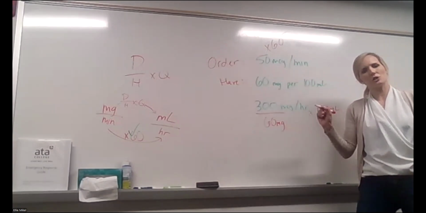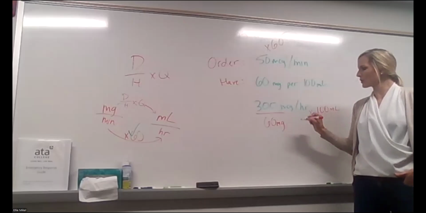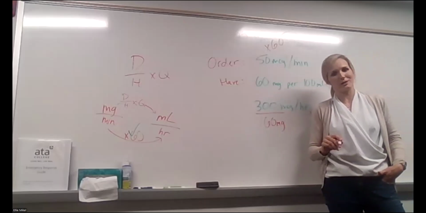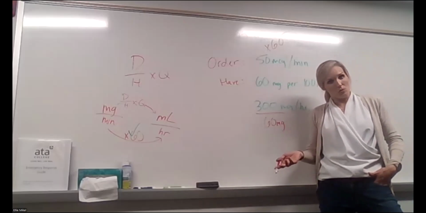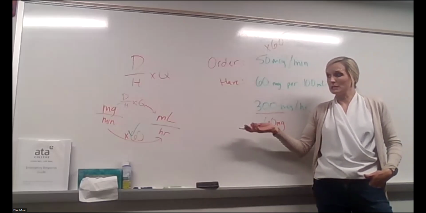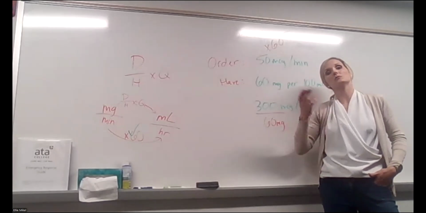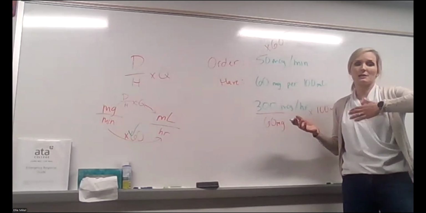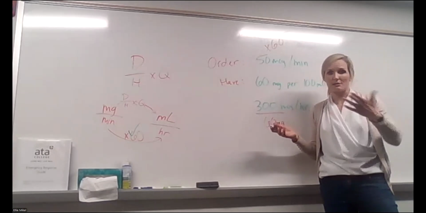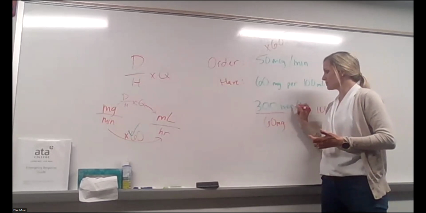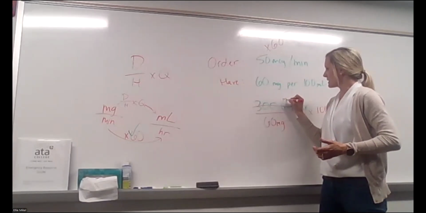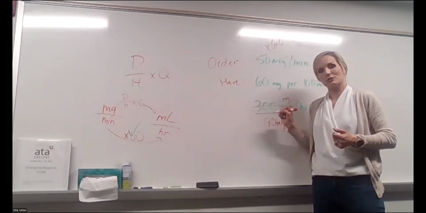Our dosage ordered is micrograms, but our dose on hand is in milligrams. What we know about dosage calculations is that D and H need to be in the same unit. So, as I mentioned, I typically just get everything into milligrams out of habit. So I'm going to take that 300 micrograms and convert it into milligrams so that it matches.